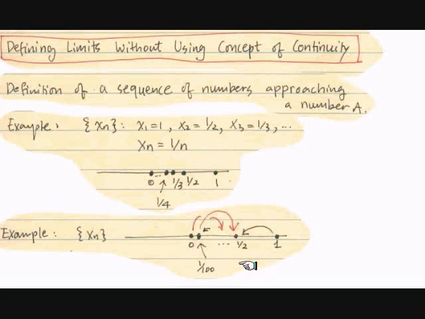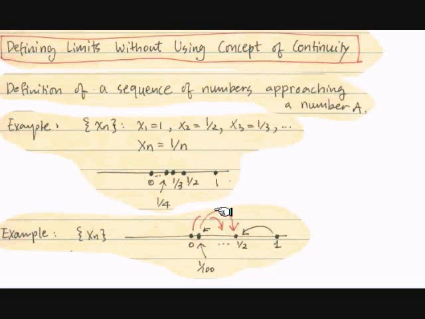Mathematicians like to call this one also eventually approaches 0. That's the key word there: eventually approaches 0. So in their definition of a sequence of numbers approaching a number a, in this case 0, they'd like to include this case as well.